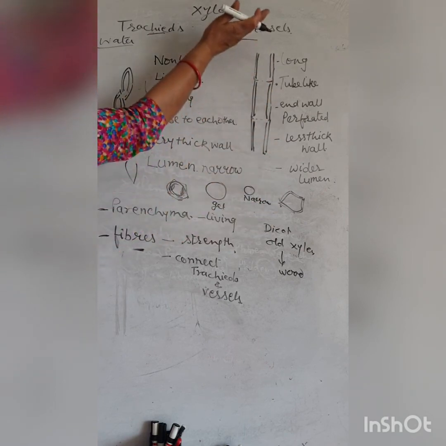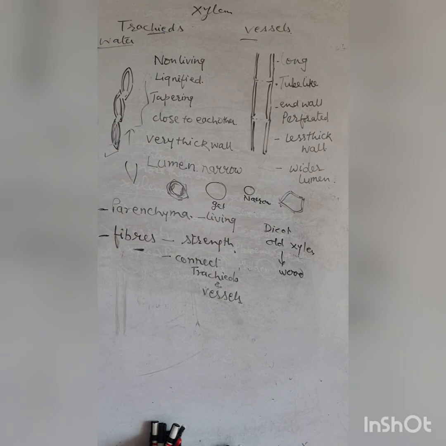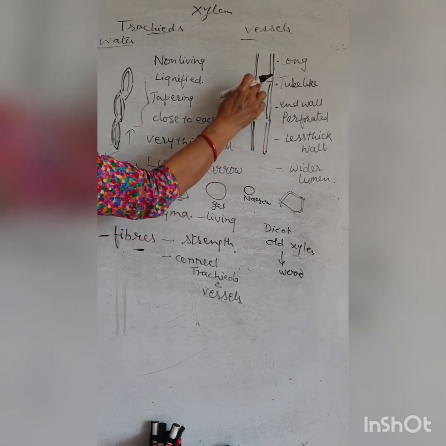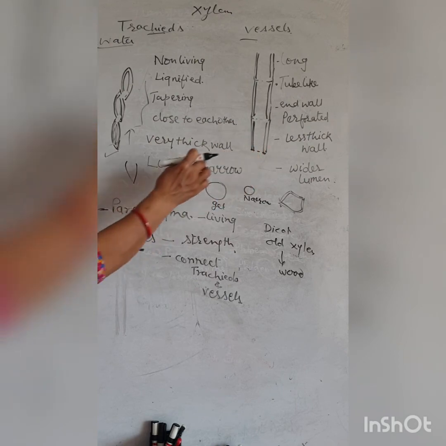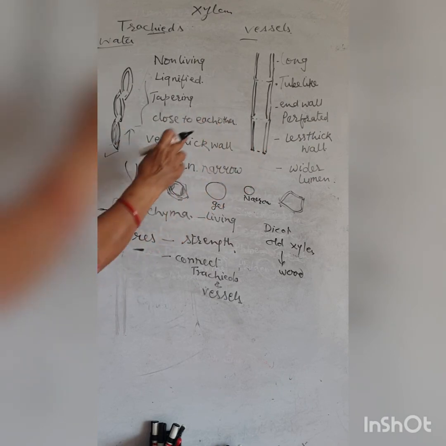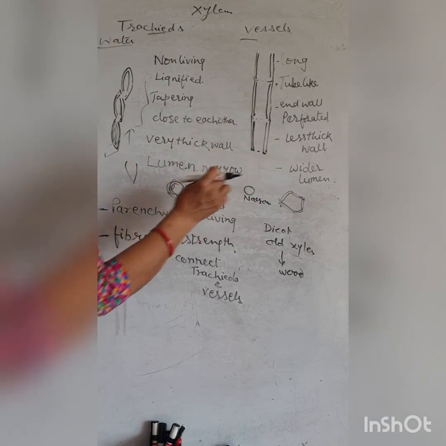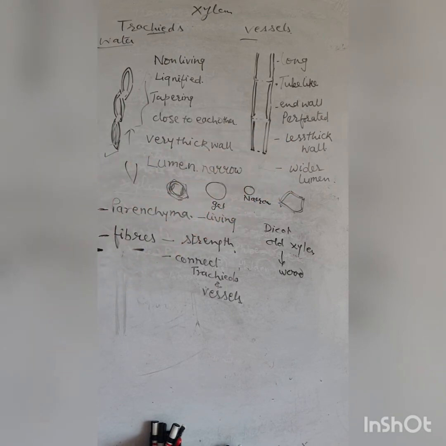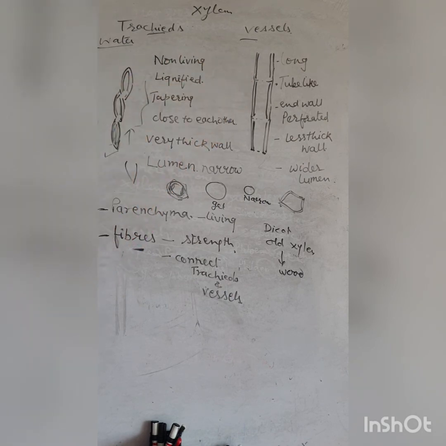So there is continuous flow of water and minerals along them. The walls are less thick and the lumen is wider. Both help in conduction of water.